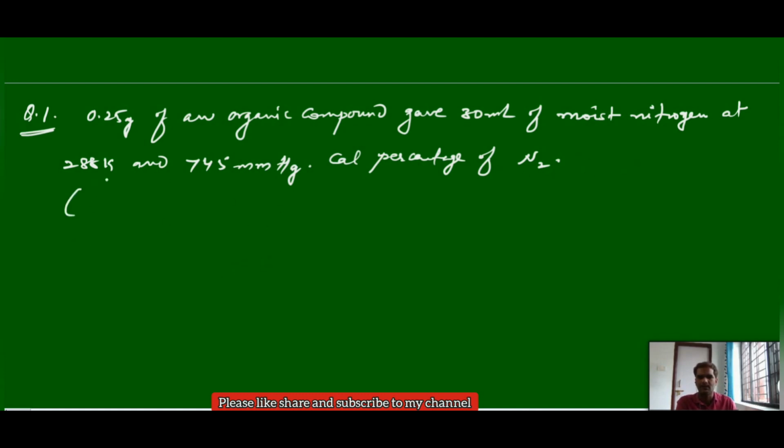And one more here, the aqueous tension at 288 kelvins is equal to 12.7 mm. This is the one. So here we have to calculate.